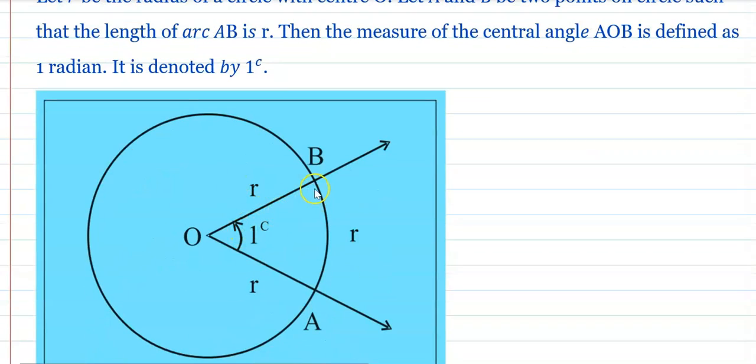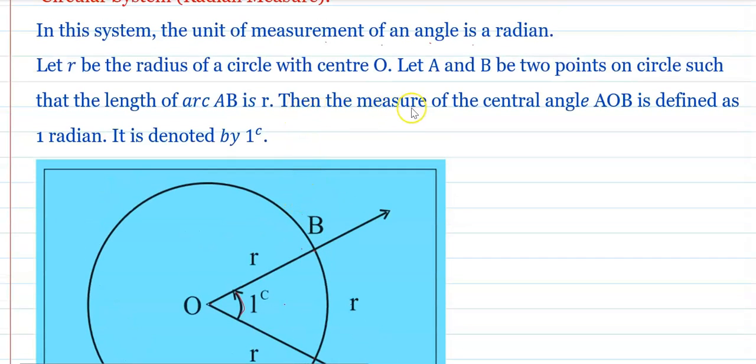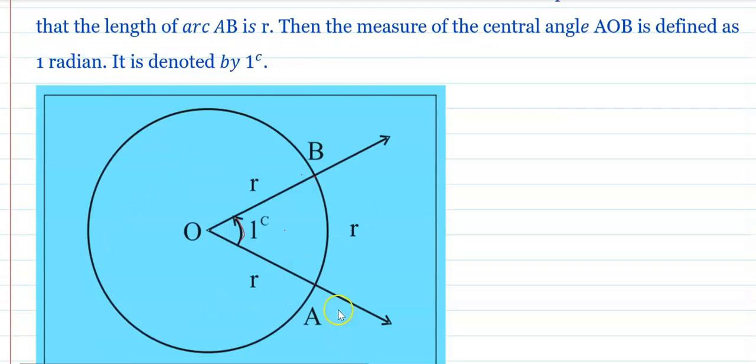Here the length of the arc should be small r, the radius is also small r, and then this is called 1 radian. That is, angle AOB is called 1 radian. Then the measure of the central angle AOB is defined as 1 radian. For that, the measure of the arc must be equal to the radius of the circle.